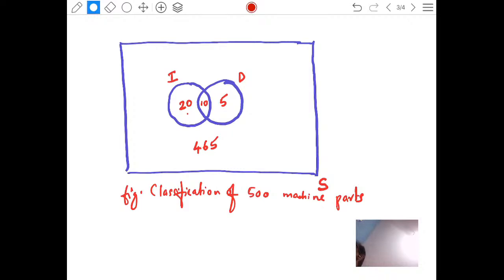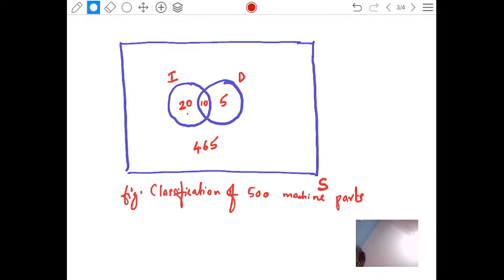So here we can find that we have several values or several subsets, and these subsets mean different things.